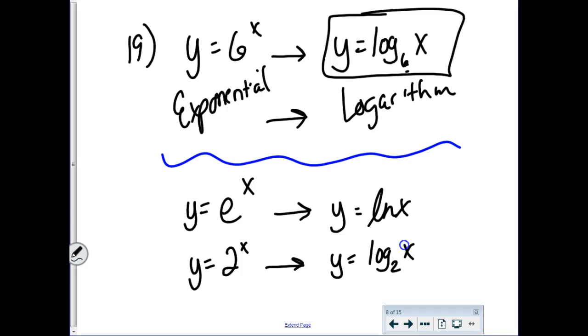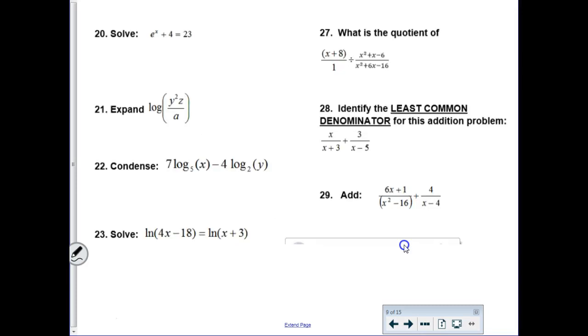Okay. All right, finally, I found some review I actually have pictures of. There we go. Okay, so let's take a look at solving this exponential equation. We're going to need to use a logarithm, but just not yet. So first things first, I need you to subtract a 4 from both sides, and you have e to the x equals 19.